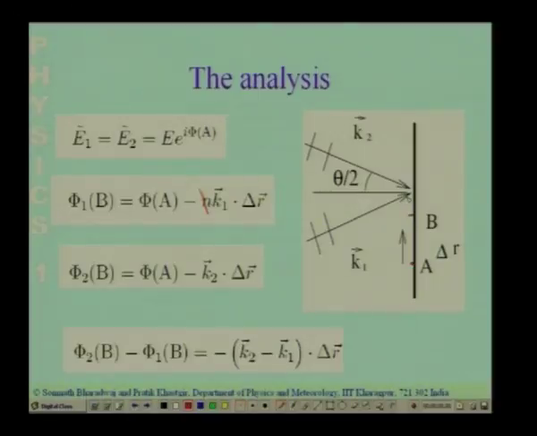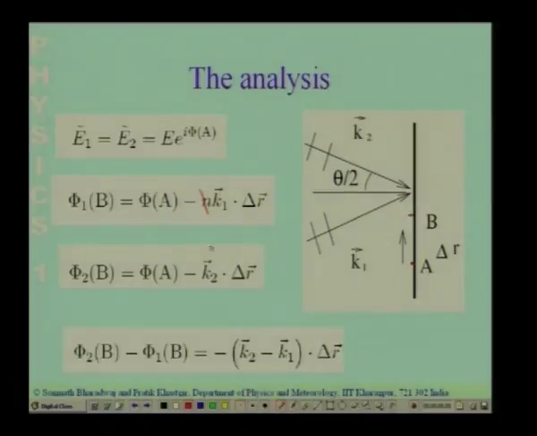So, for the first wave, the phase phi 1 at the point B is going to be the phase at the point A minus k1 dot delta r, where delta r is the displacement between the point A and B. Similarly, for the second wave, the phase of the second wave at the point B is going to be phi A minus k2 dot delta r. And since k1 and k2 are two different wave vectors, the difference arises because the two waves are travelling in different directions.